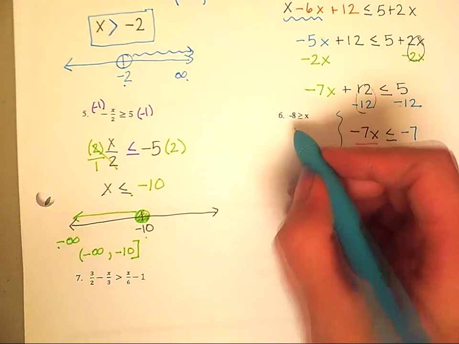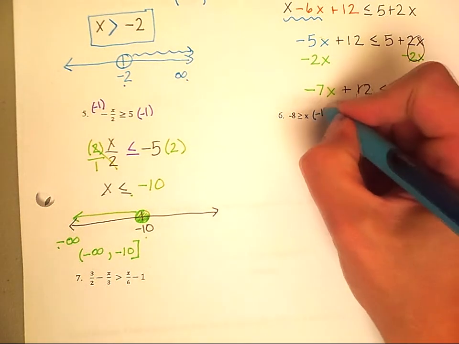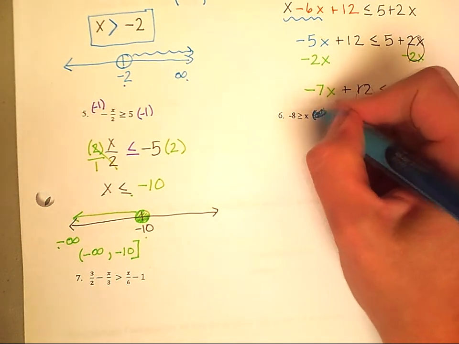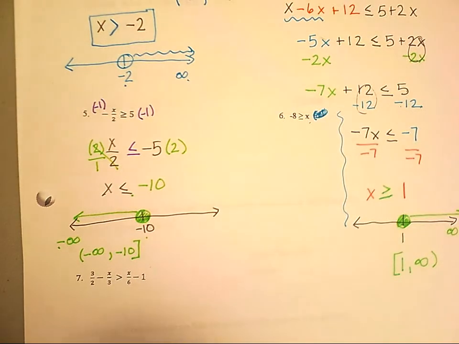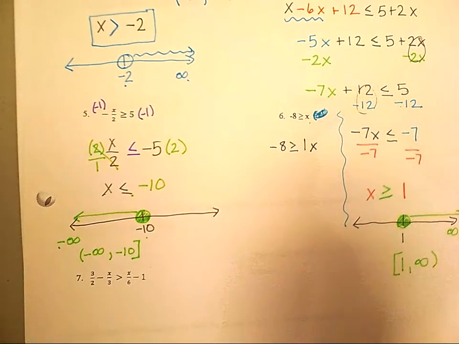Now here, let's use the same methodology. Let's multiply by a -1. Oh wait, no, we don't have to. X is already solved for, isn't it? Okay. So this already says negative 8 is greater than or equal to 1x.